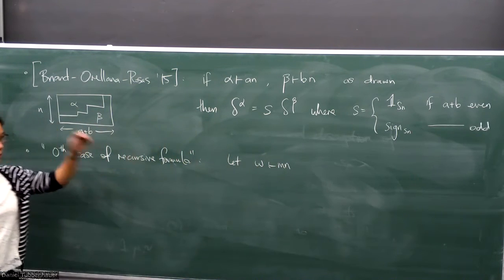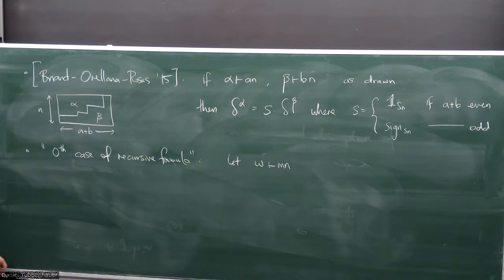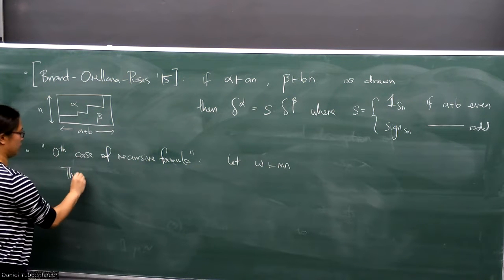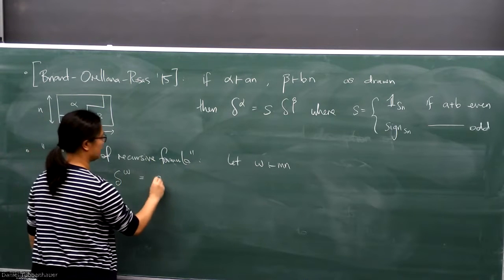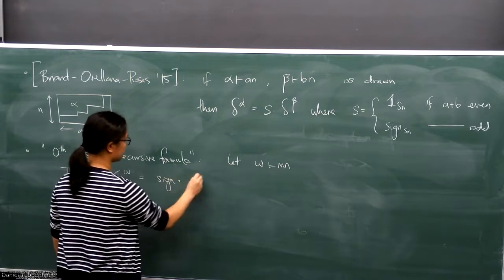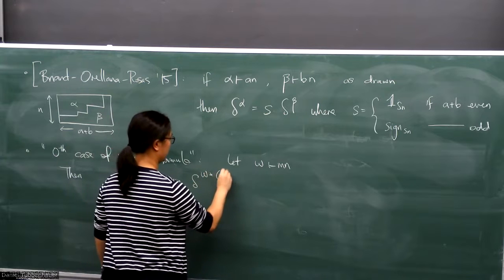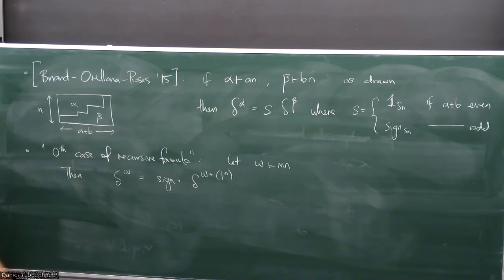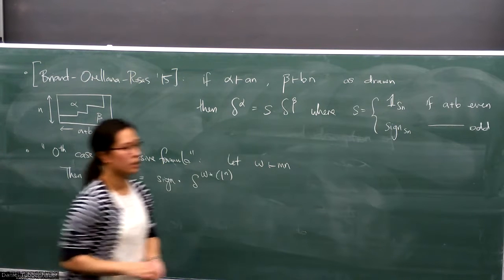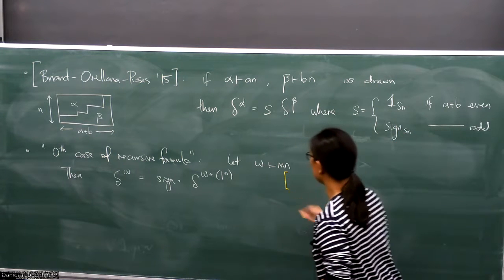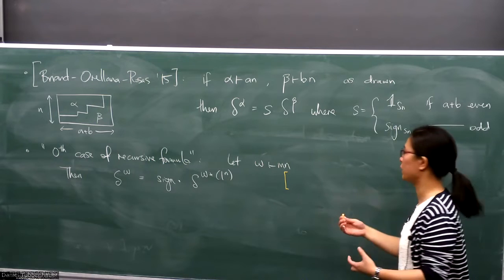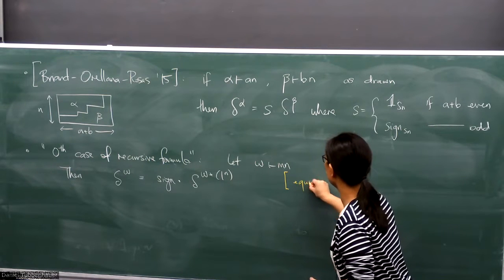let's take omega to be a partition of size mn. Then the deflation of omega is simply sine times the deflation of omega plus 1 to the n. So just very, very briefly, what does this look like in terms of the original plethysm coefficients we were interested in?